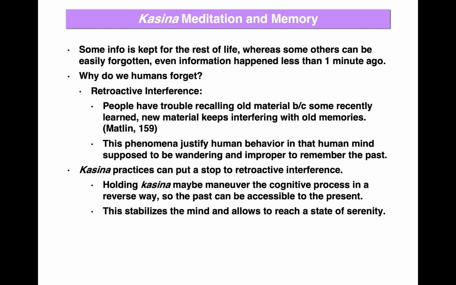But kasina practice can put a stop sign to retroactive interference. Holding the kasina may maneuver the cognitive process in a reverse way so the past can be accessible to the present. This stabilizes the mind and allows it to reach a state of tranquility.